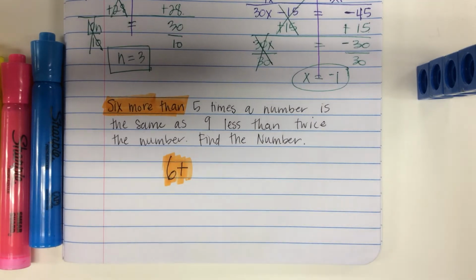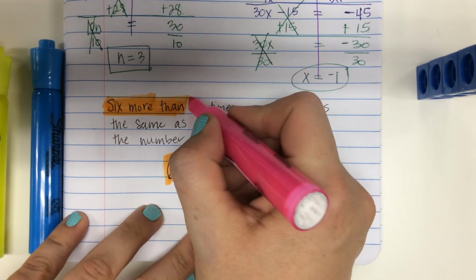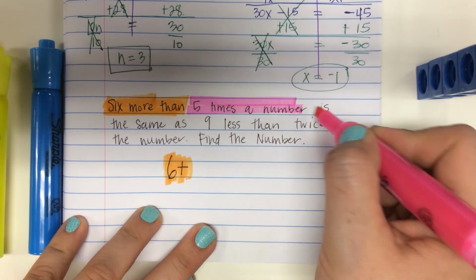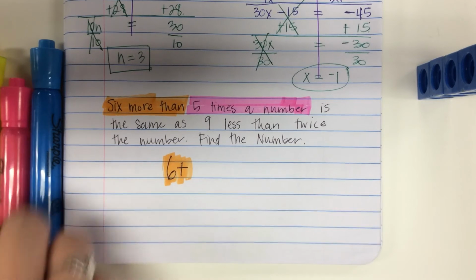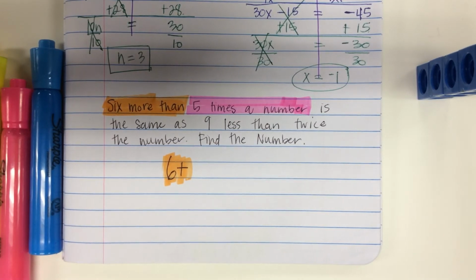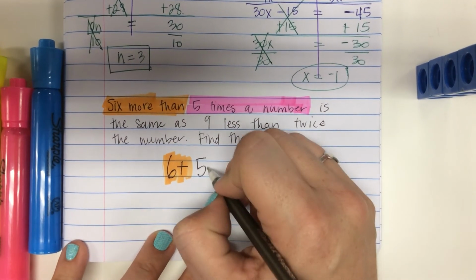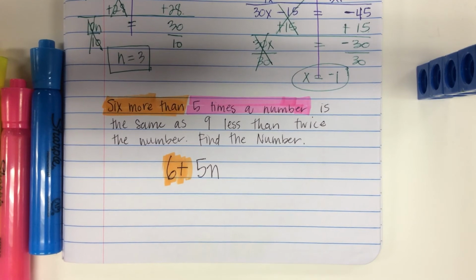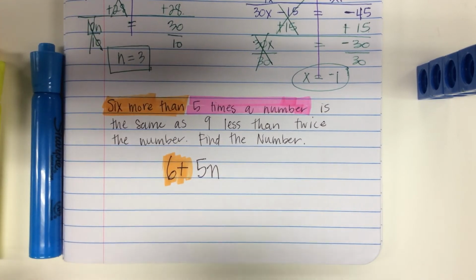My next chunk that goes together is 5 times a number. What does that look like mathematically? 5 times a number. Arlo? Yeah, n for number. 5n. 5 times a number. 5n.